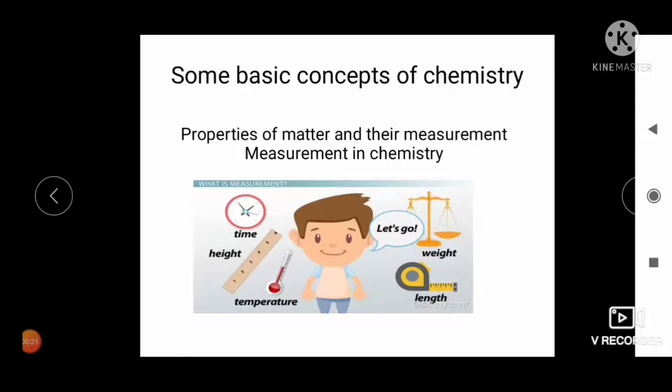Next, we are going to study the properties of matter and their measurements, and measurement in chemistry. Why is measurement important in chemistry? Chemistry is an experimental science. Like all branches of science, experiments in chemistry involve both observation and collection of quantitative data.